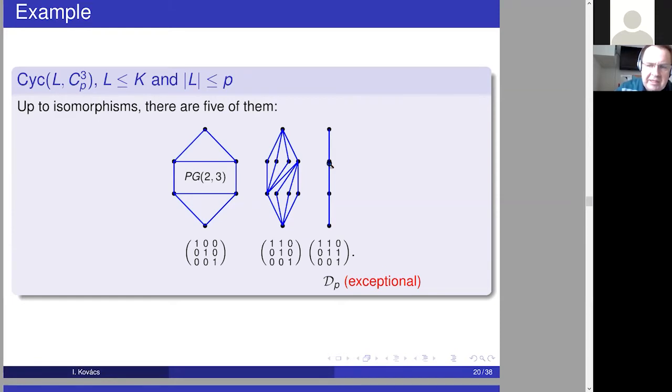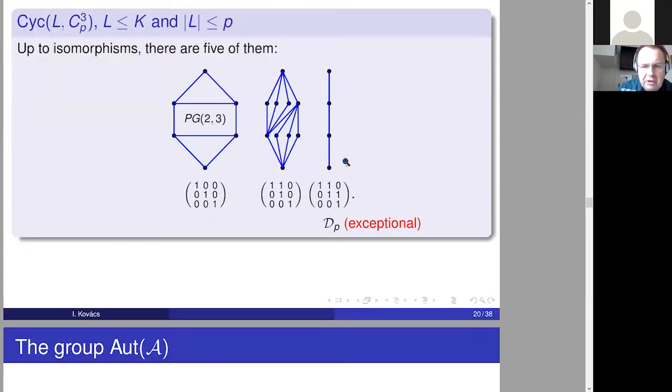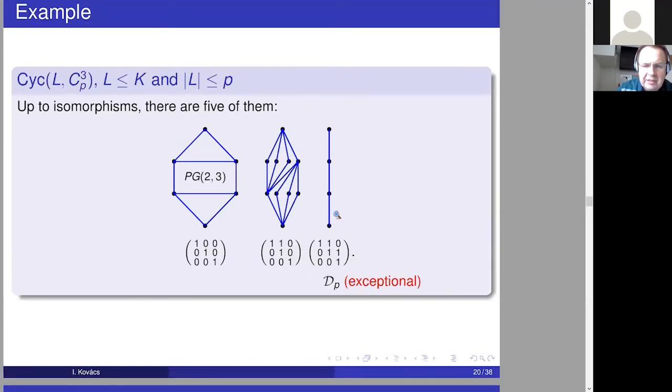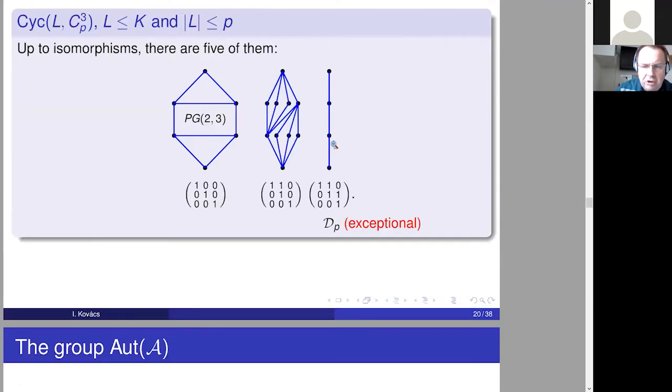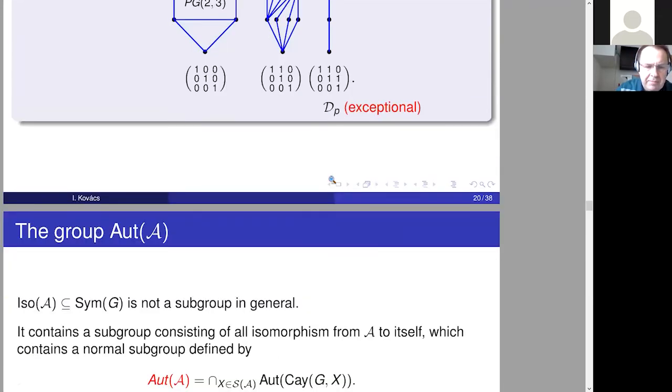The basic sets here are the cosets of this subgroup. And the basic sets which are not contained in this subgroup, the remaining basic sets, are all of order p, and they all generate the whole group, but they are not cosets. This is true if p is odd, of course. So in that case, if p is odd, this is true, and this we call exceptional. This will be important later.